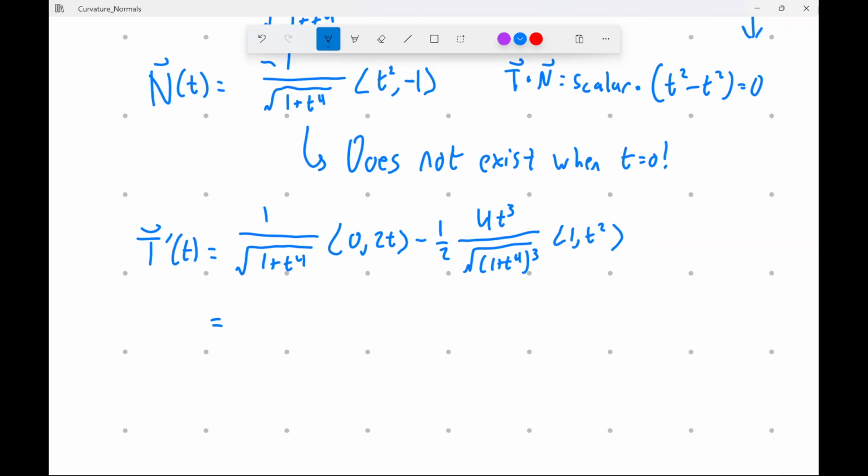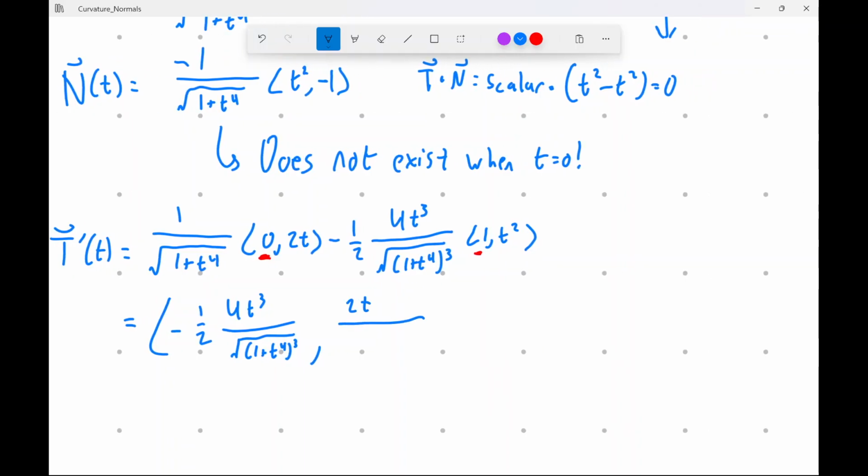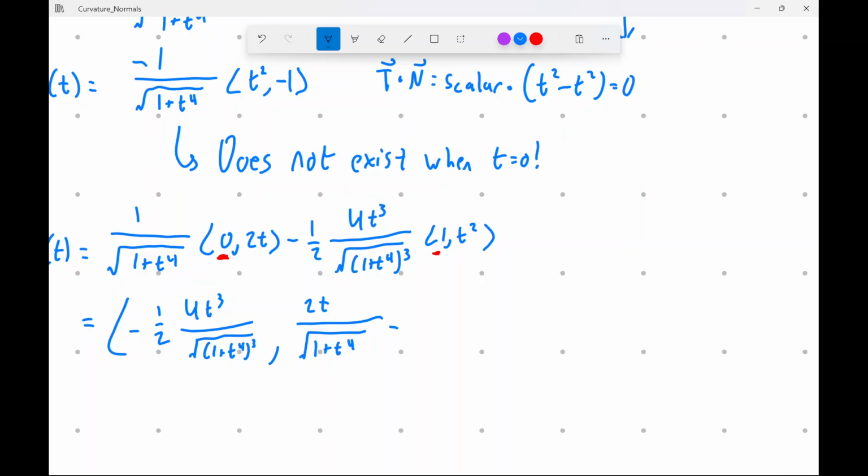And so let's compute what that is. This will be the first component. I'm going to add this 0 and this 1, and so I just get negative 1/2 times 4t cubed over the square root of 1 plus t to the 4th, cubed. And then the second one is 2t over the square root of 1 plus t to the 4th, minus 2t to the 5th over the square root of 1 plus t to the 4th, cubed.